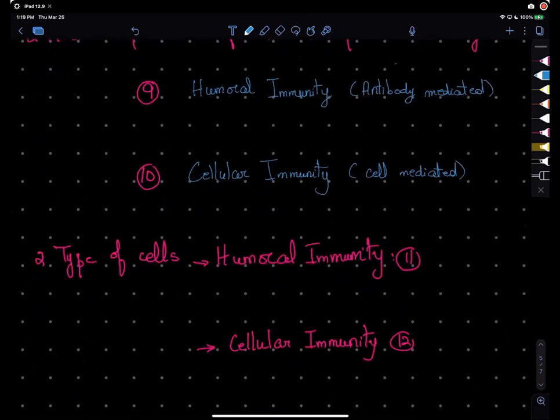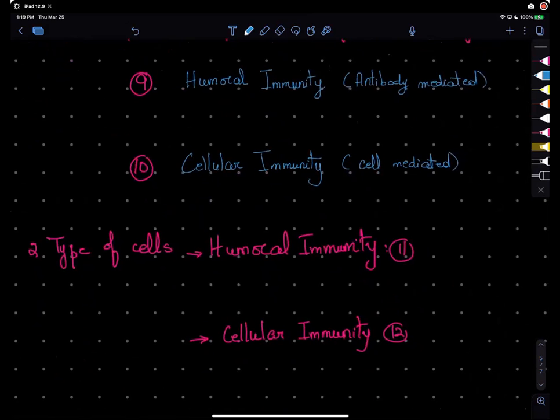So, what are the two types of white blood cells that are going to be responsible for the humoral immunity and the cellular immunity? For humoral first, question number 11 here. So, for humoral immunity, what type of white blood cells are going to be responsible for mediating the humoral immune response?